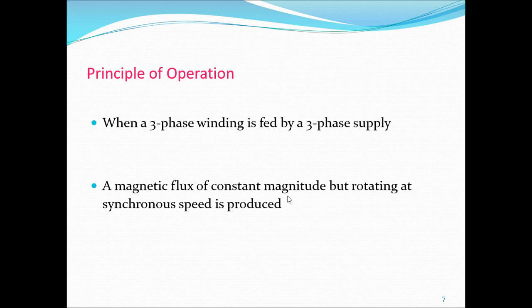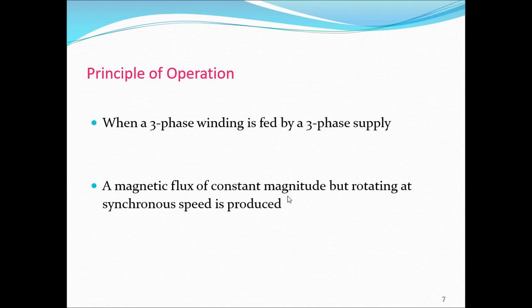When three-phase supply is given to the three-phase stator winding, it produces a rotating magnetic field. What is the magnitude? It is constant; we derived this in the last class.